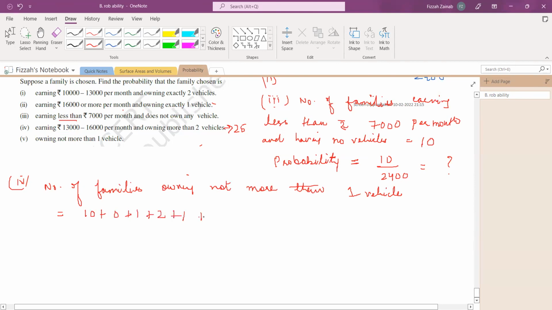And then second 160 plus 305 and then plus 535 plus 469 and plus your 579. So all these families you have to add. So what will you get here? Quickly tell me, what are you getting here?